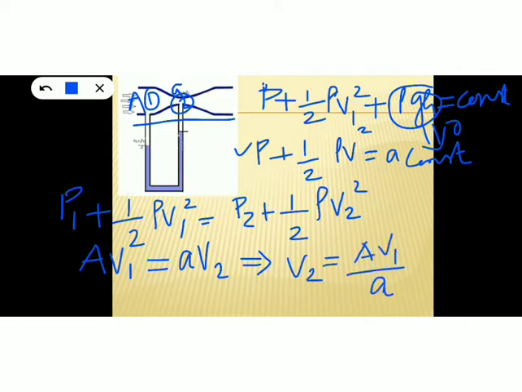Now substitute this expression of V2 in our previous equation. Next we are going to do that. We are going to apply this to our previous expression. Please note down.